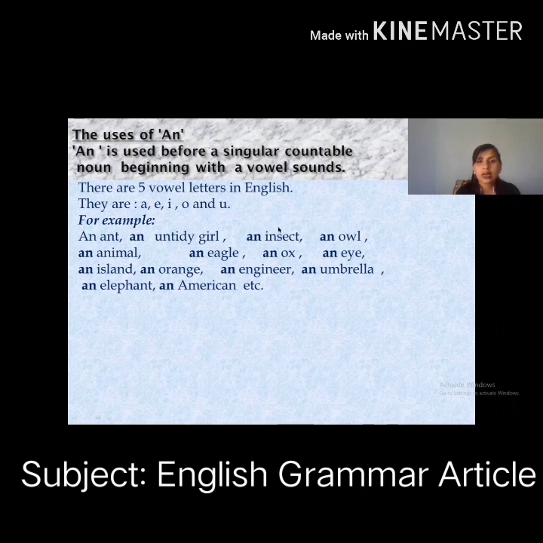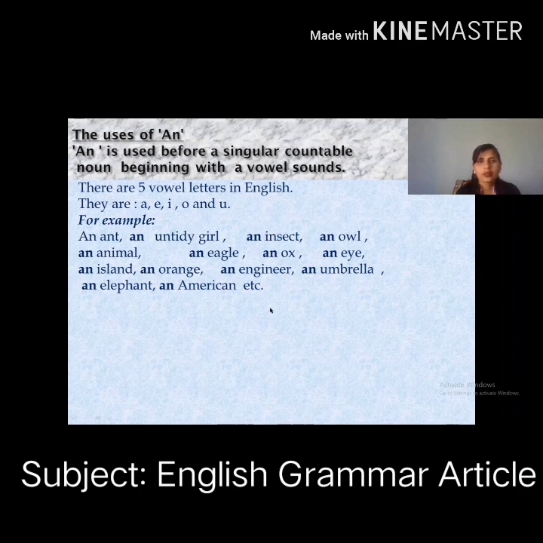The initial sound is the vowel i. So we have to write article an before insect. Similarly, an owl, an animal, an eagle, an ox, an eye, an Iceland, an orange, an engineer, an umbrella, an elephant, an American, etc.